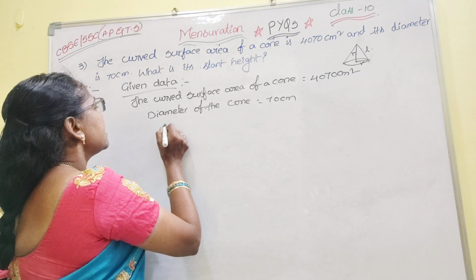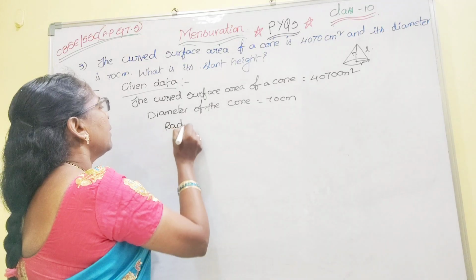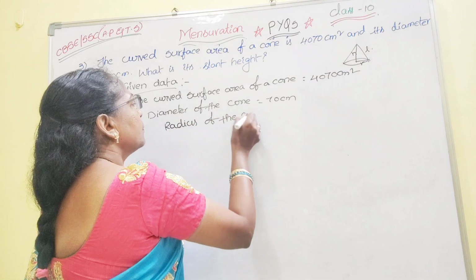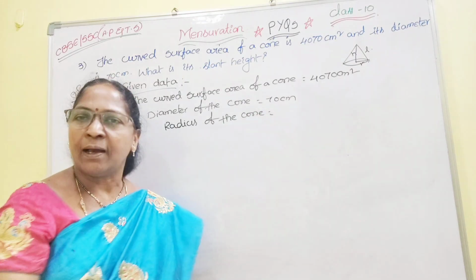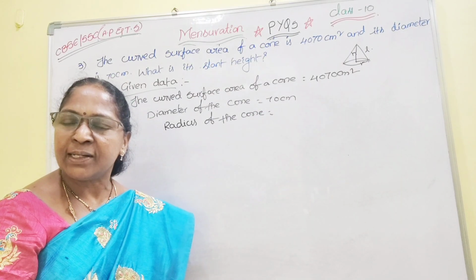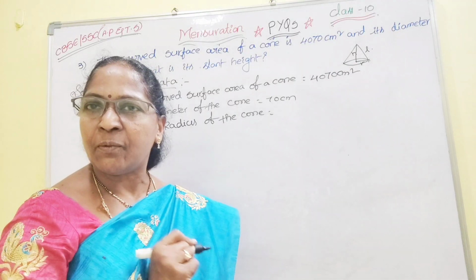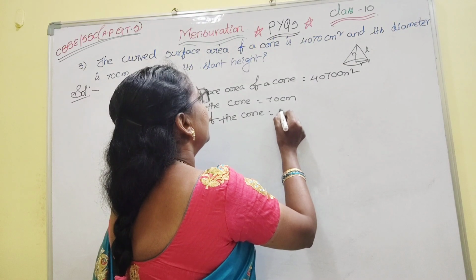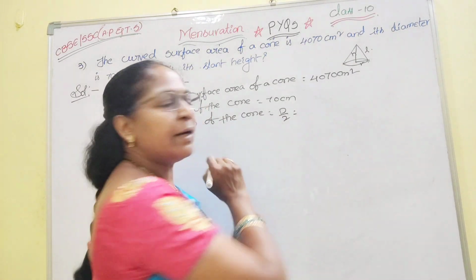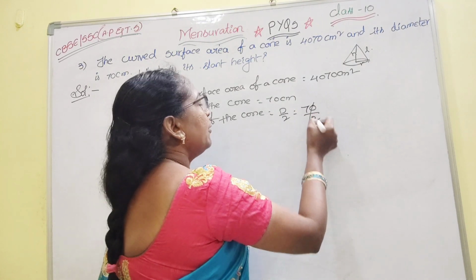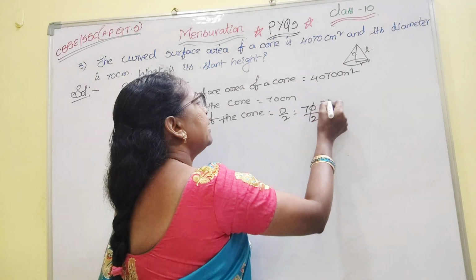So the radius of the cone equals, what is the formula? Whenever diameter is given, r equals d by 2. That means diameter divided by 2, where diameter equals 70, so 70 by 2. Then 2 goes into 70, 35 times.